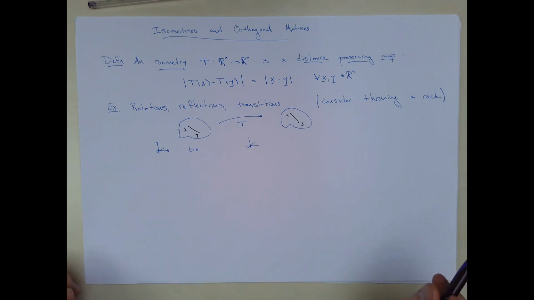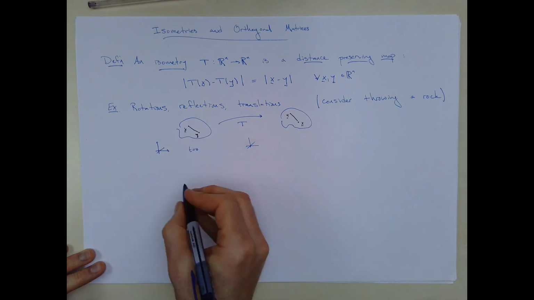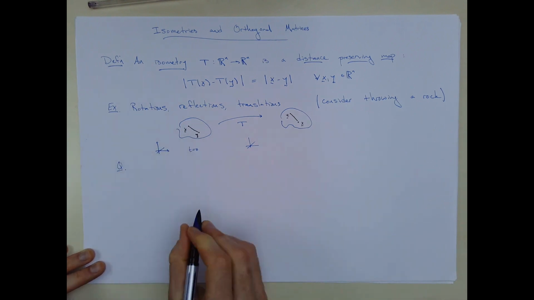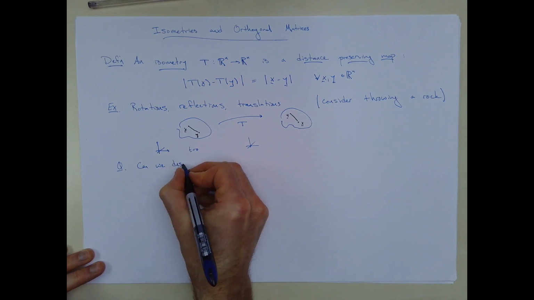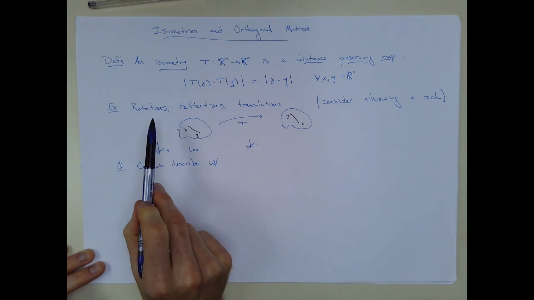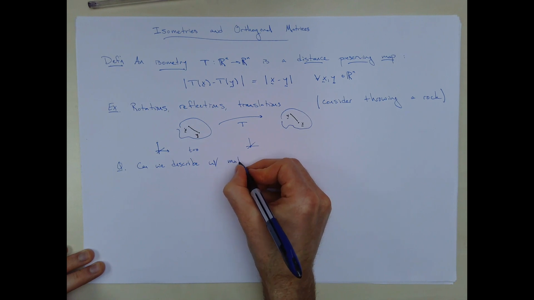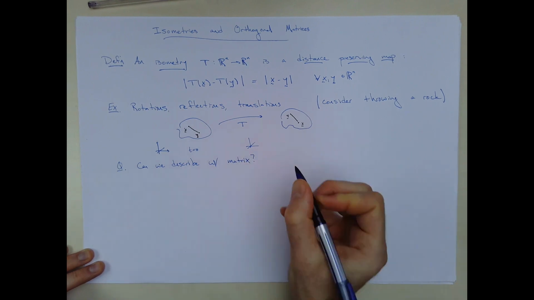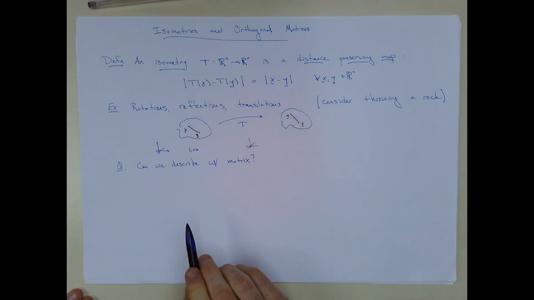Okay. So let's push a little bit further on rotations and reflections. One question we might ask is, can we describe such an isometric map with a matrix? Matrix multiplication is also a map from vector space to vector space.